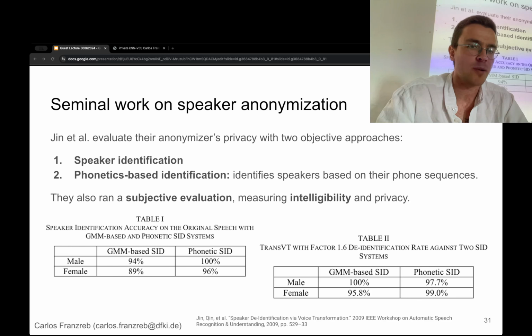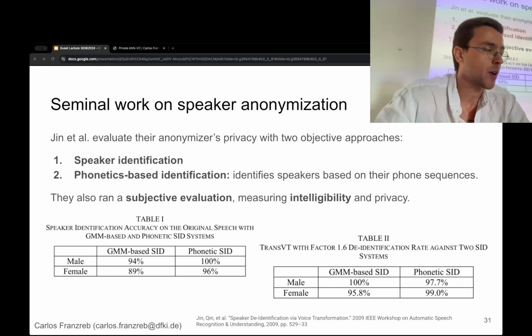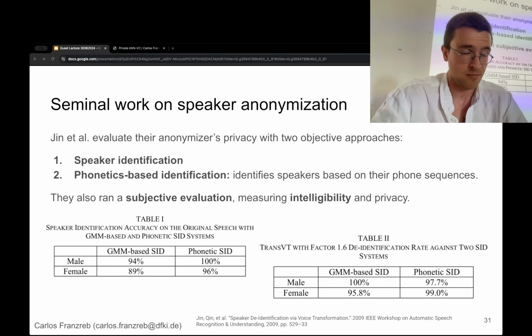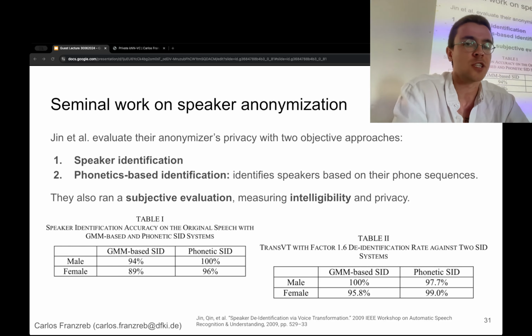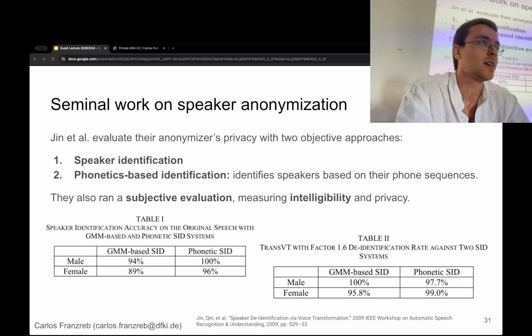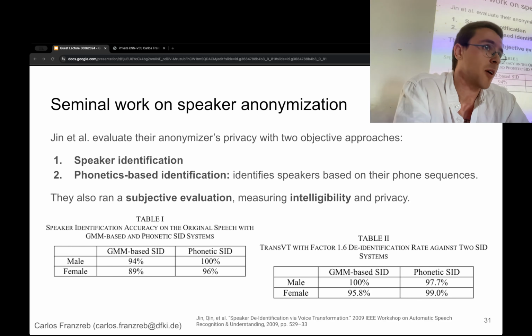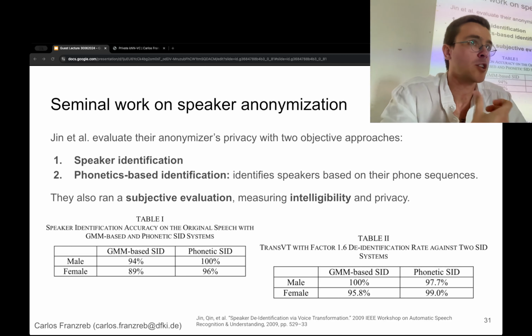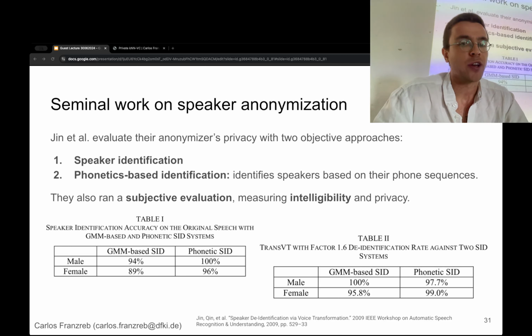Their evaluation approach is also very interesting because they address firstly speaker identification and then an approach based on phonetics. The second approach is basically that you extract the phone sequences, which is similar to the text, but with phones. And you can also measure the duration of each phone within an utterance, and you can use that to identify speakers.